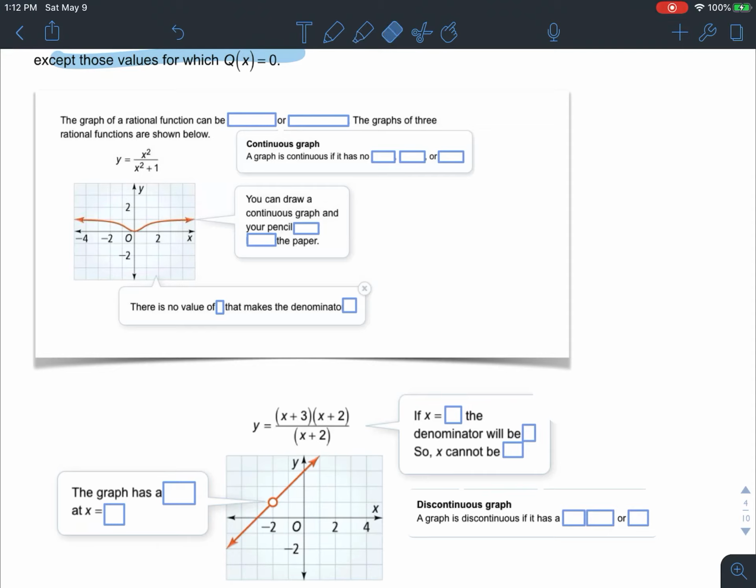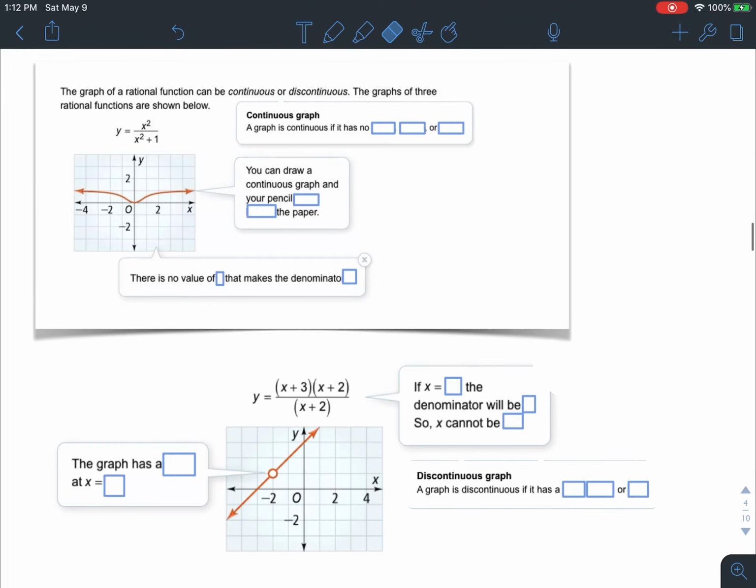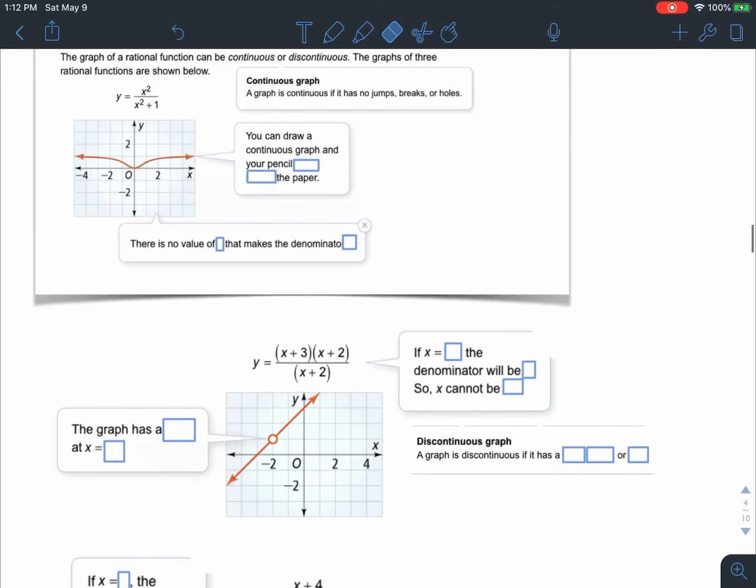The graphs of rational functions can be continuous or they could be discontinuous, and you don't know until you start investigating. A continuous graph is like this one here, and I know it's continuous because it has no jumps or breaks or holes. So when you're looking at a graph, that's what you look for to determine if it's continuous.